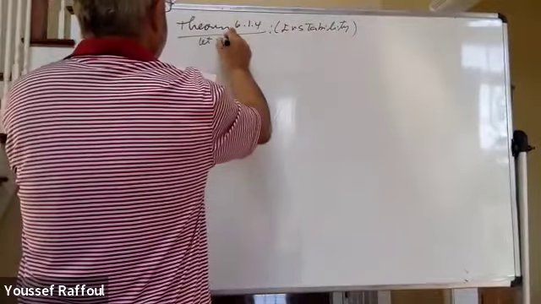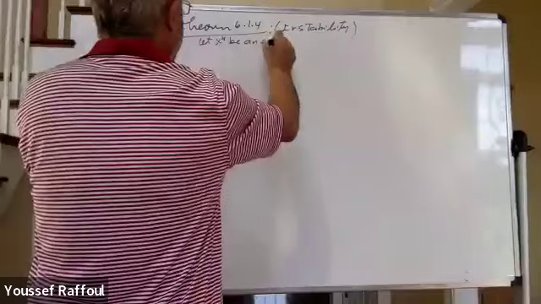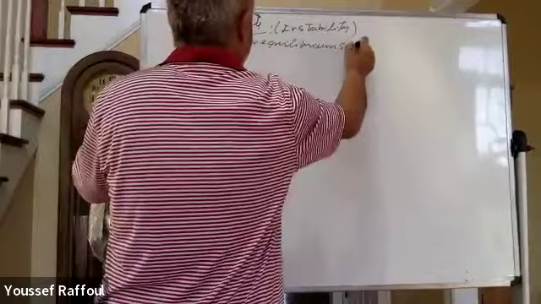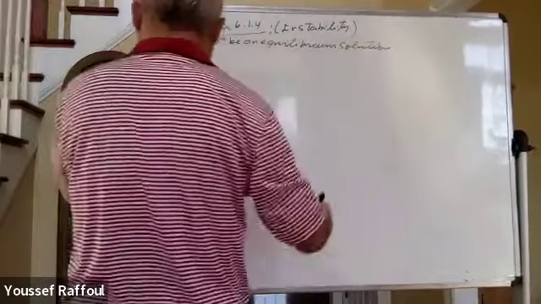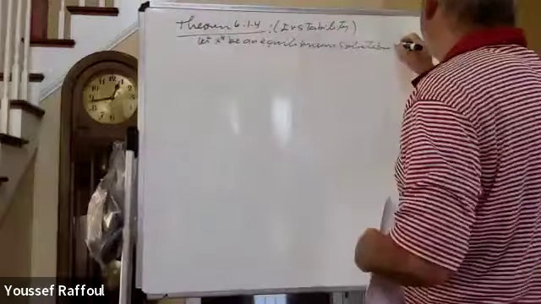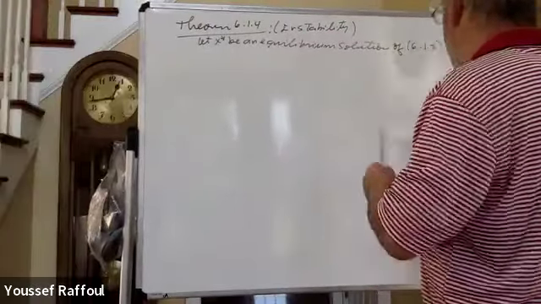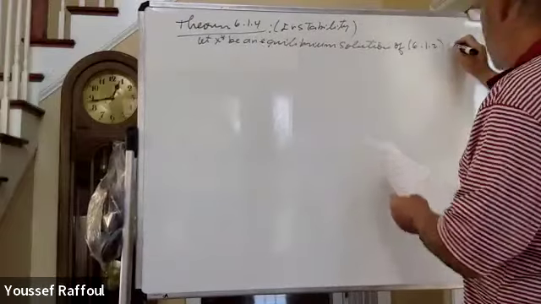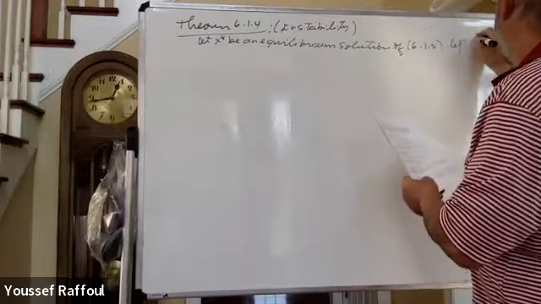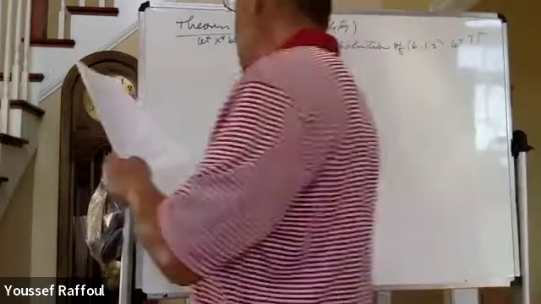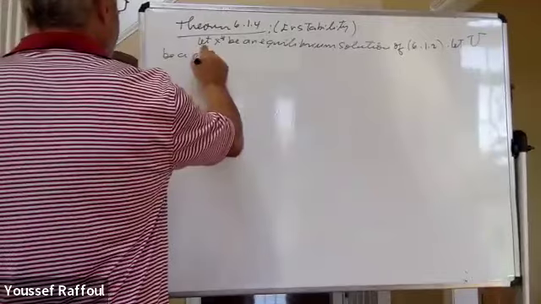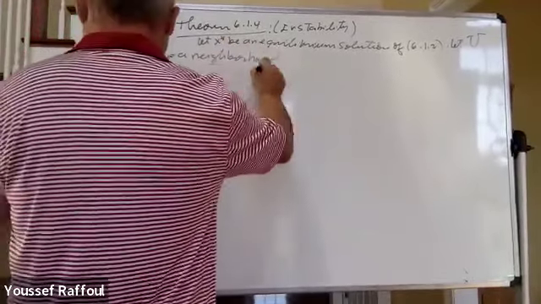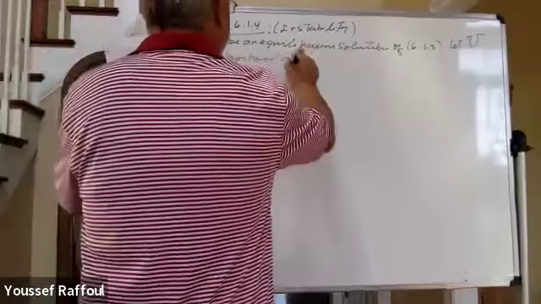Let x star be an equilibrium solution of 6.1.2. Let U be a neighborhood of x star.